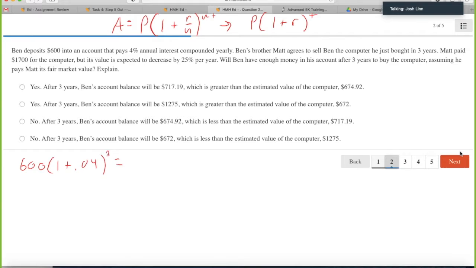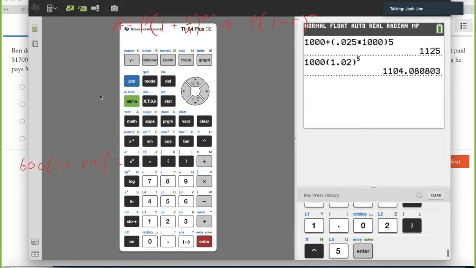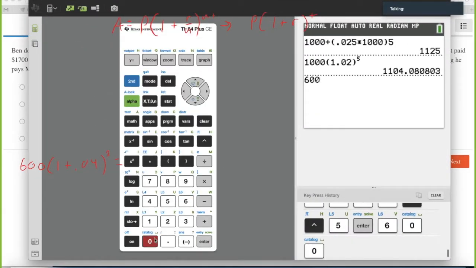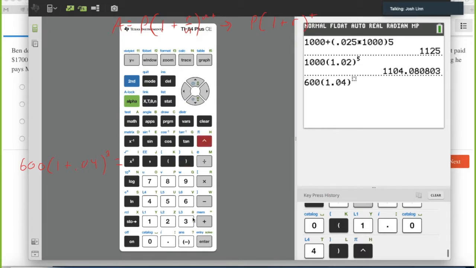So that equals, calculator, show us the way. 600 times 1.04 to the power of 3. That's going to equal $674.91. We'll give him an extra penny. We'll say 92.